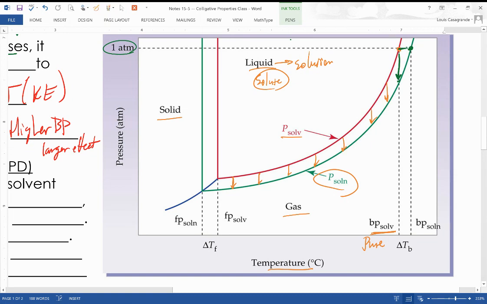And so what that means is that the temperature has to go up. This is a delta TB. The B is boiling. And so the boiling point of the solution is higher because you need more energy. You need to put more energy in to get up to that boiling point.